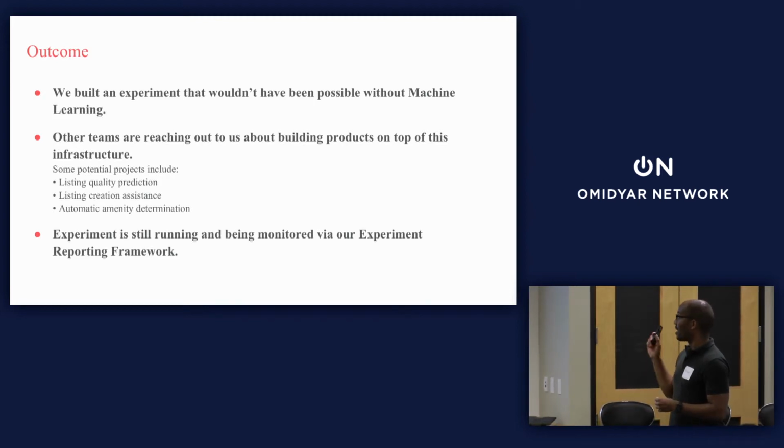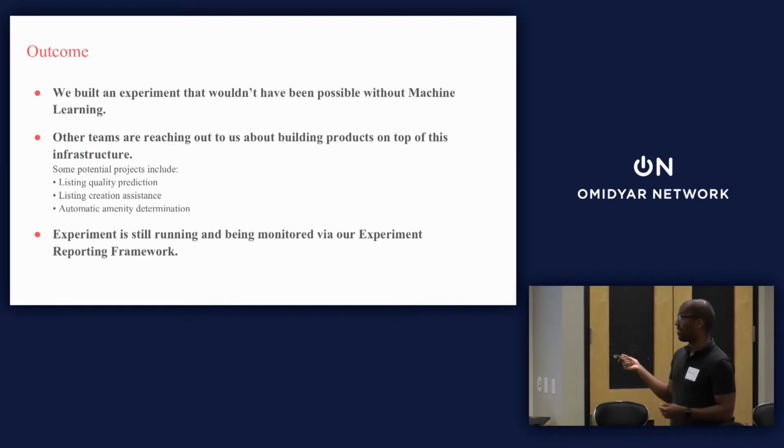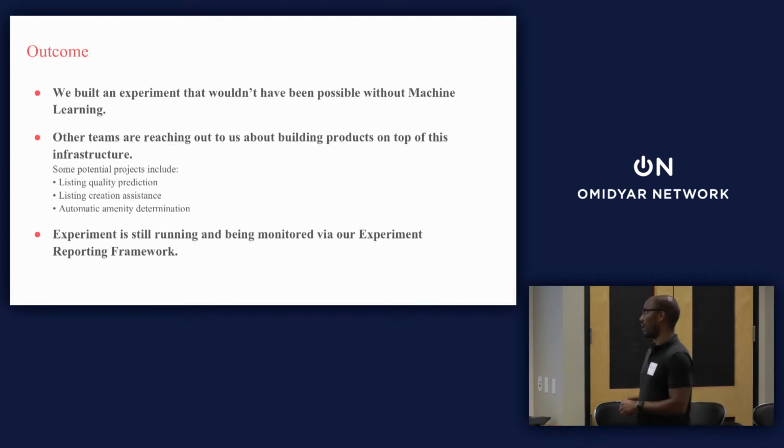Then another outcome, and this is tied to the point that I raised before on the difficulty of getting a model like this off the ground, is now that we have this infrastructure in place, there are a lot of teams who are really excited about using this technology for different problems that they've faced that they haven't been able to solve in the past. So a few of these potential projects include listing quality prediction.